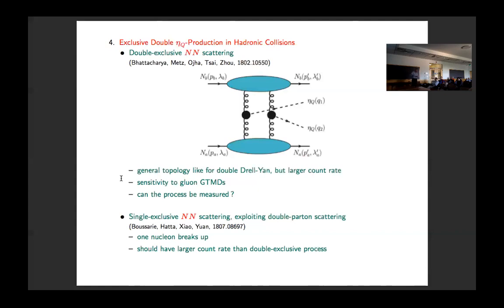So strictly speaking, yes, there are factors. But if you do this calculation, say, in pA at small x, and inclusive, you'd still be sensitive to unintegrated gluon distributions. You have this small x. These are kT-dependent objects.